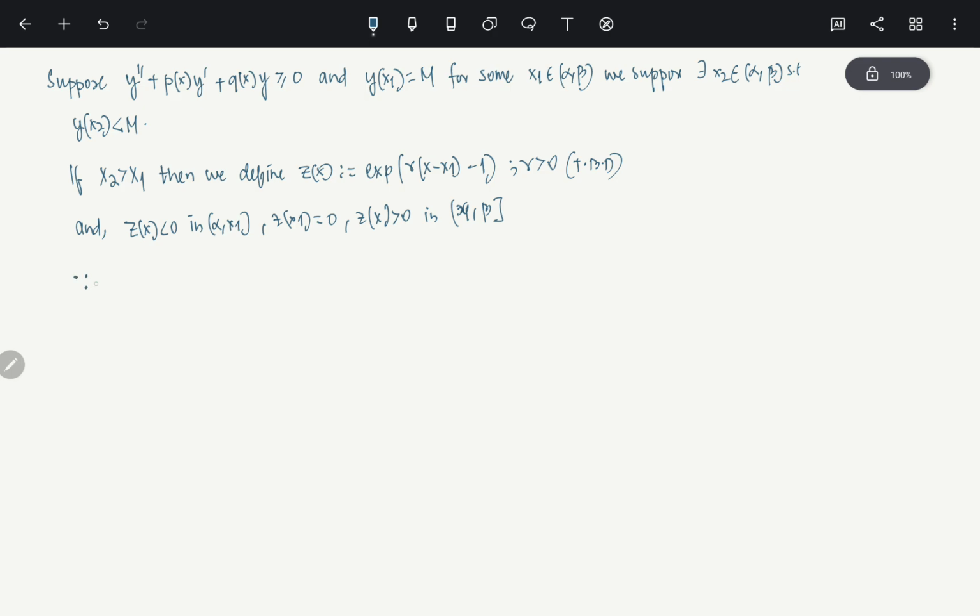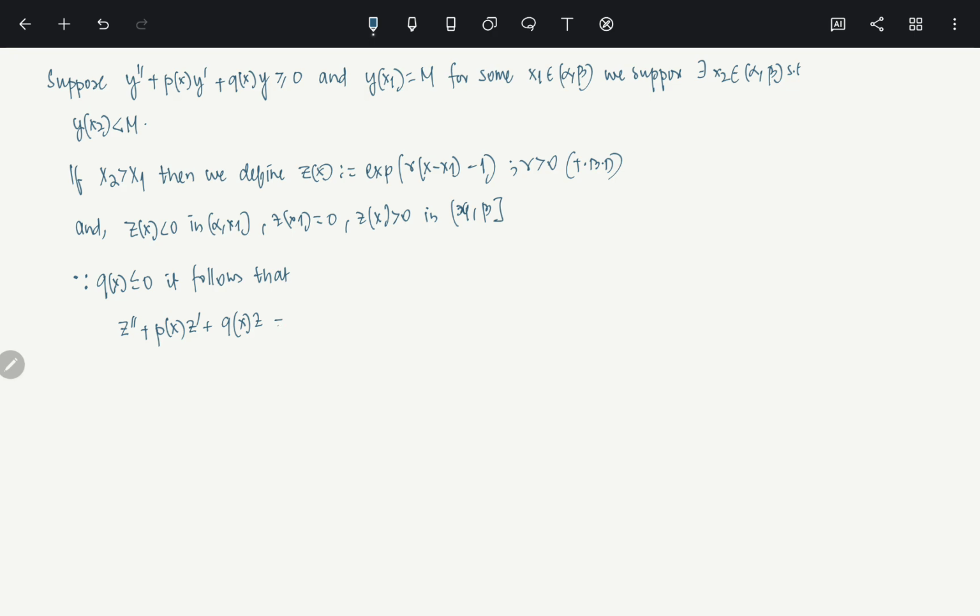Now, since q of x is non-positive, it follows that z double prime plus p of x times z prime plus q of x times z. What happens to this? Let's just look at it.